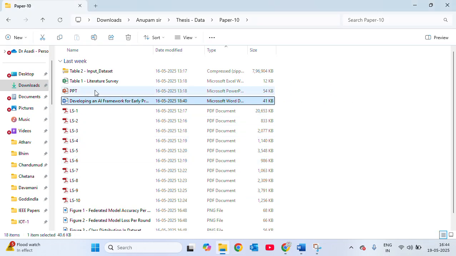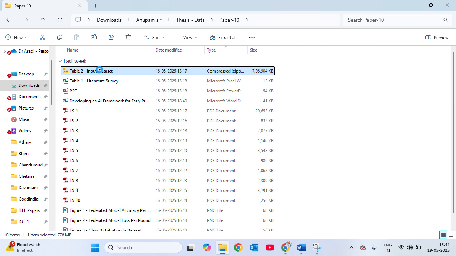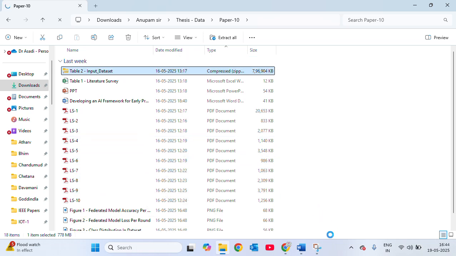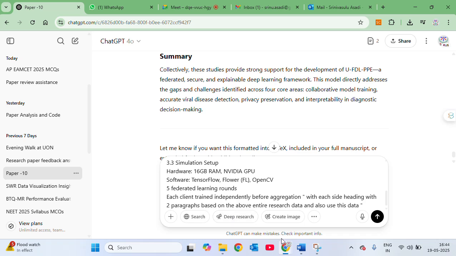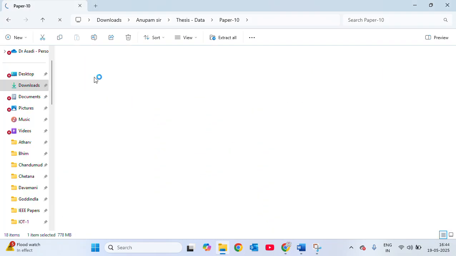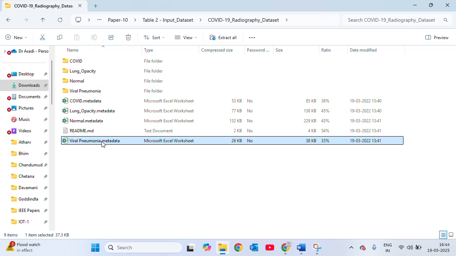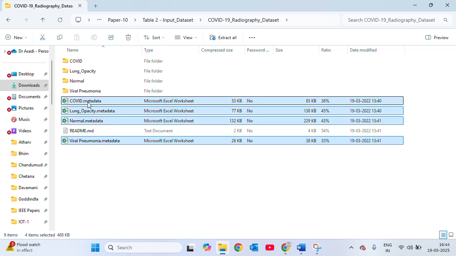We have downloaded the data set. No, we haven't downloaded actually. This one data set. The data set is a Kaggle data set, I guess. 10th paper, it is a Kaggle data set. Yeah. Now this is the data set, correct. So I'm uploading these data sets. Yeah, 4 types.